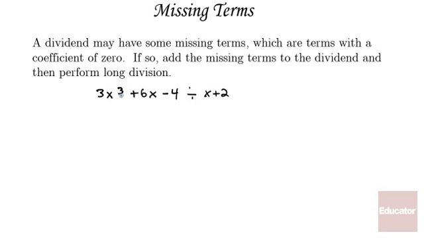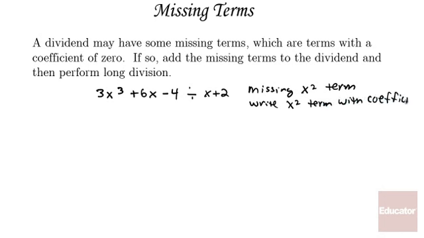So I have an x cubed term and an x term, but no x squared term. So I have a missing x squared term. And what I'm going to do is write the x squared term with a coefficient of 0. So I'm going to write it as 0x squared.